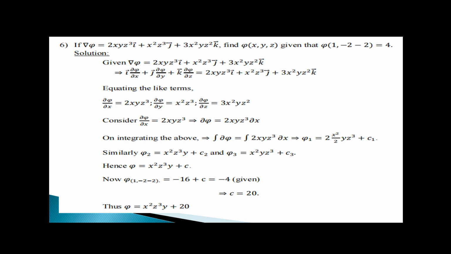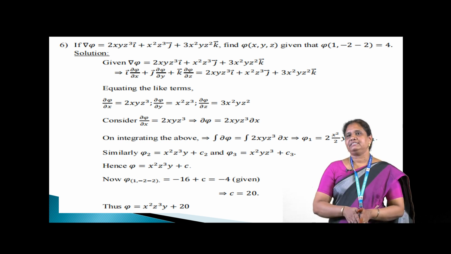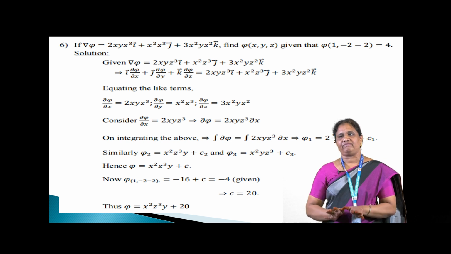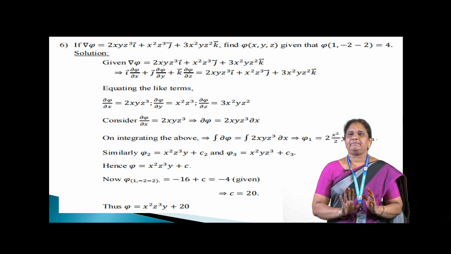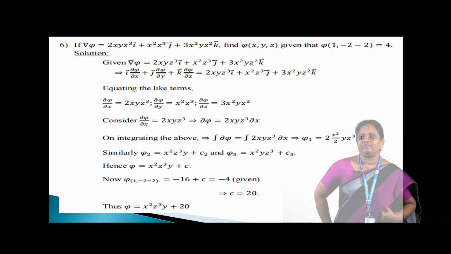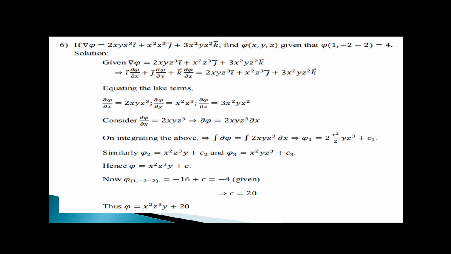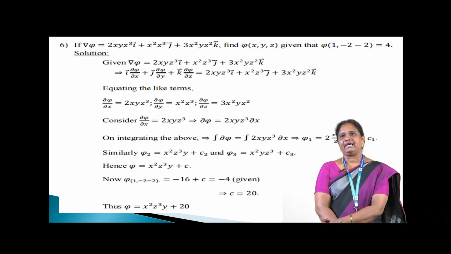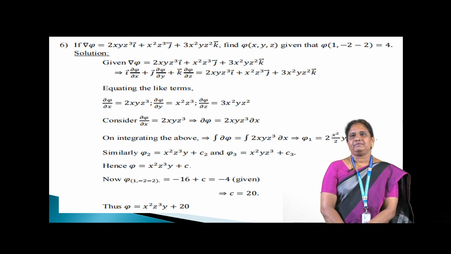So we have to collect the non-repeated terms from phi 1, phi 2 and phi 3. The term that is repeated is x square z cube y. Therefore, phi is equal to x square z cube y plus c. So we have found phi from del phi.